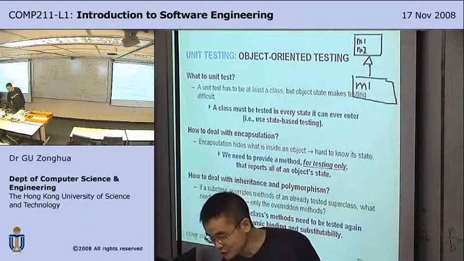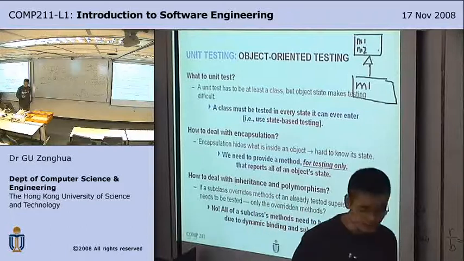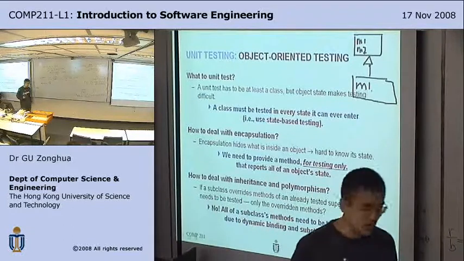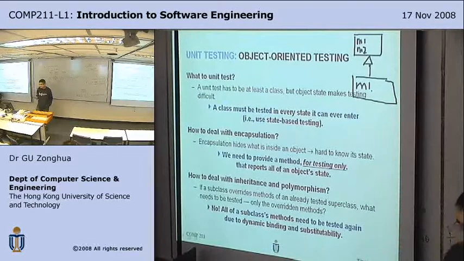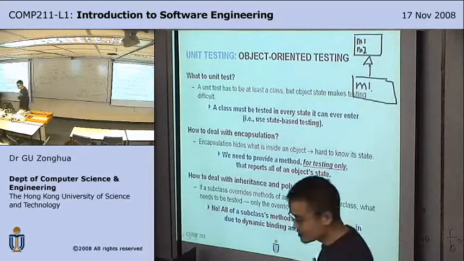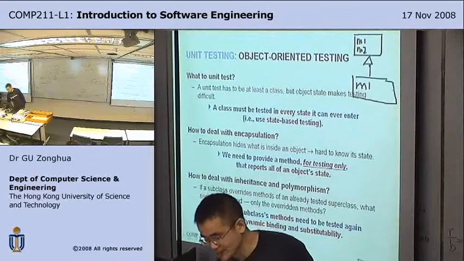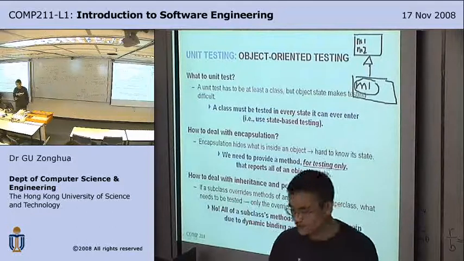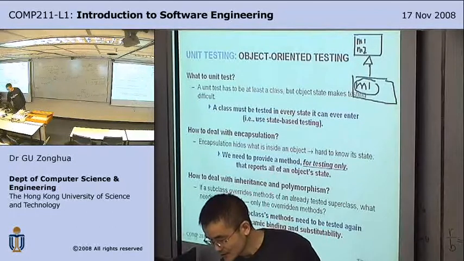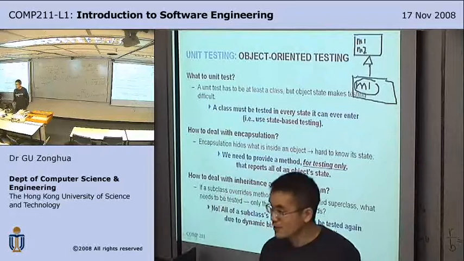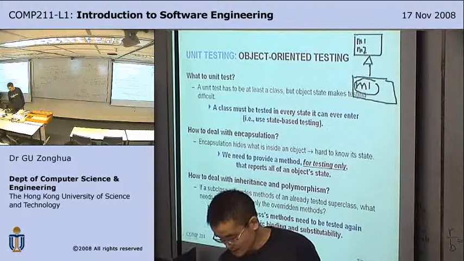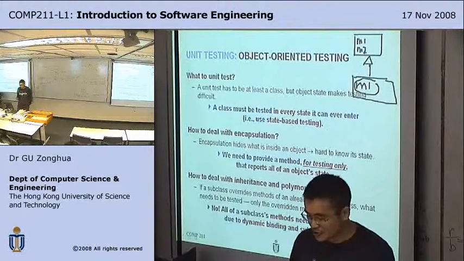If M2 calls M1 in its implementation, then even though M2 in the subclass is not changed, it inherits the code from the superclass, which calls the subclass's M1. So you need to test both M1 and M2 if you change M1. Any questions? This is due to the inheritance mechanism.